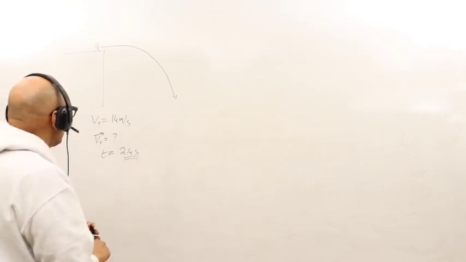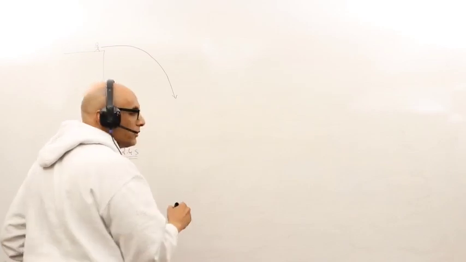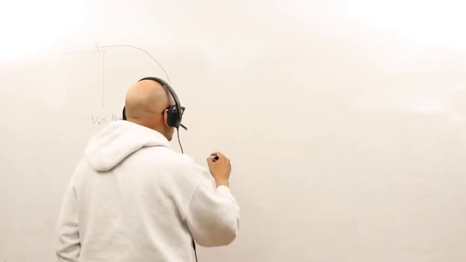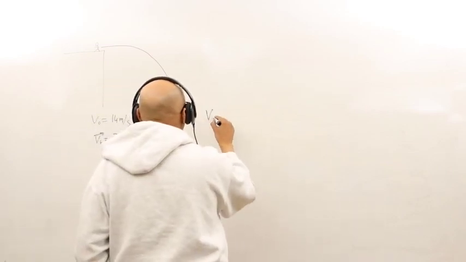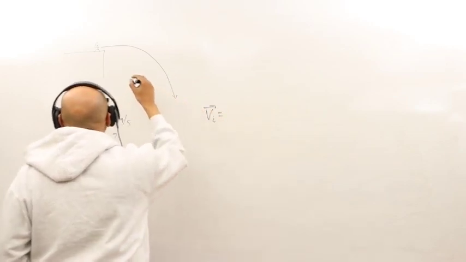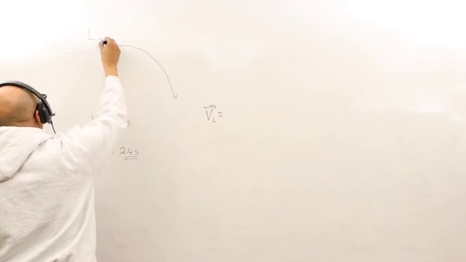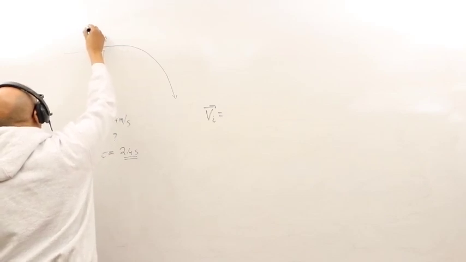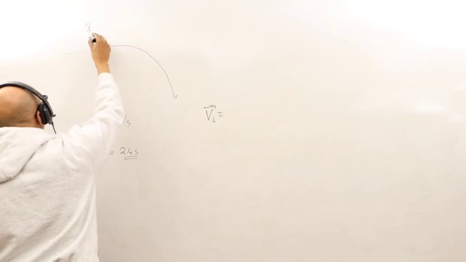Okay, so our first problem is, what is the initial velocity of the stone? So we have to do a coordinate system. I hat is along the x-axis and j hat is along the y-axis.